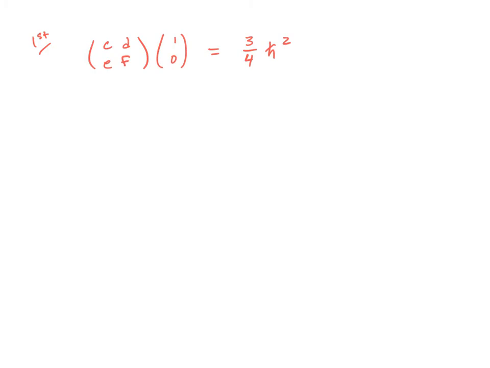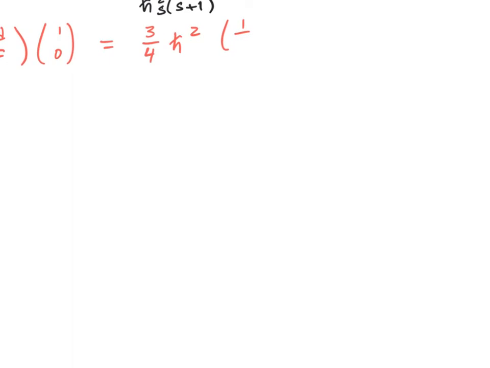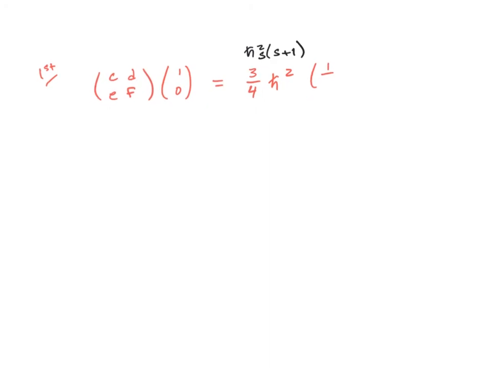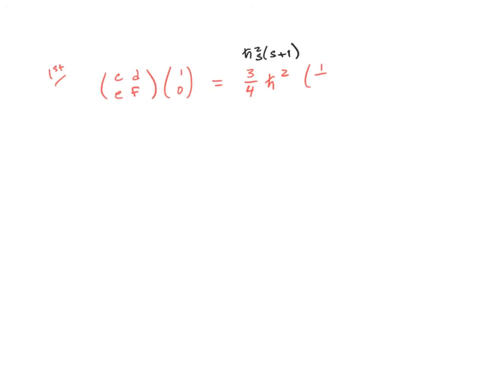That is just me putting a positive 1/2 in this equation. So 1/2 times 3/2 is going to give us 3/4 times h bar squared. So our first equation times our spin up spinner.